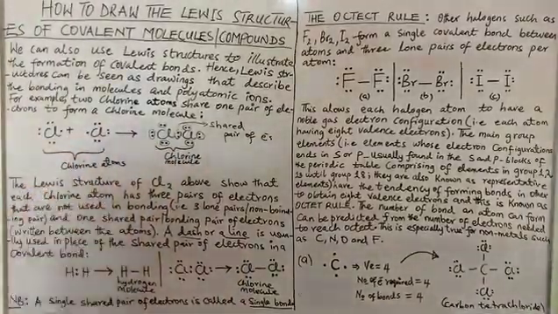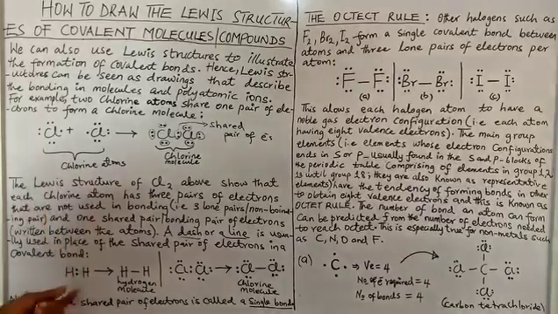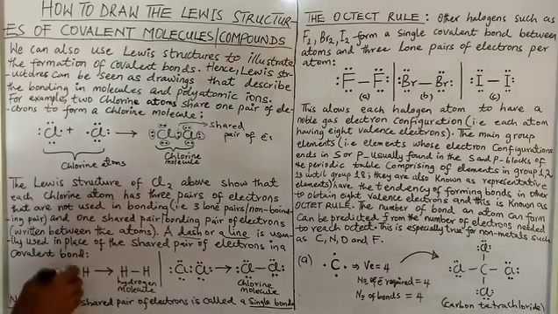For instance, in the case of the hydrogen molecule, two atoms of hydrogen bring each of their valence electron. Those two electrons, remember, are called the shared pair, or the bonding pair.